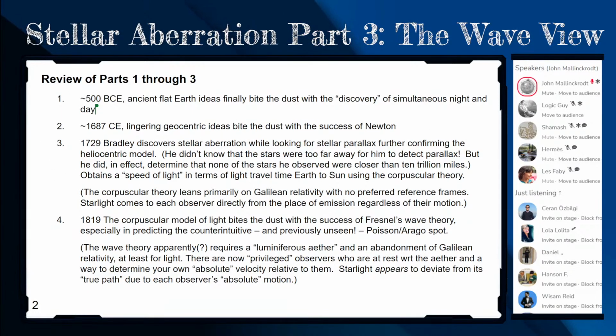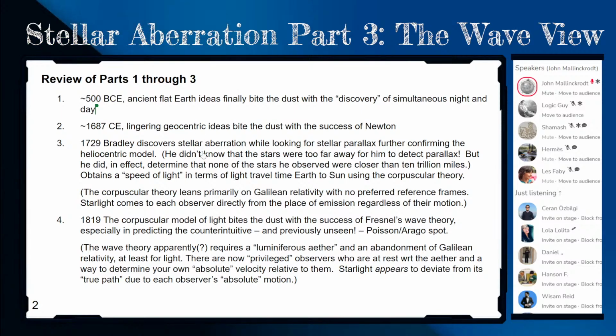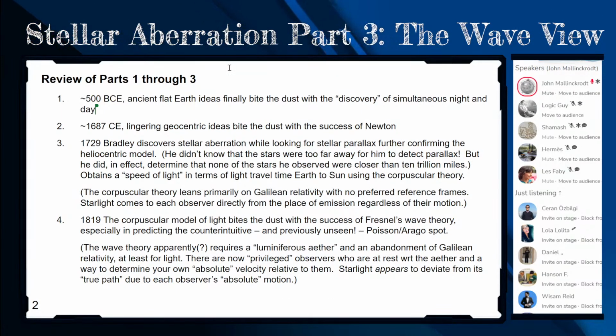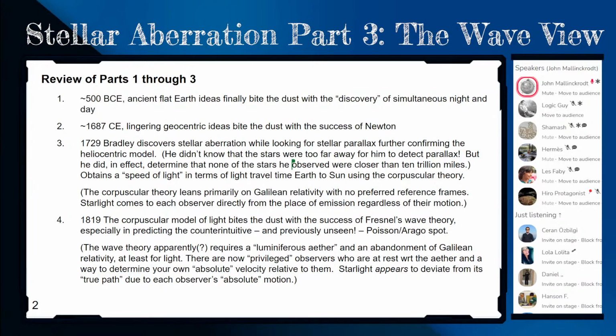Starlight simply comes straight to each observer directly from the place of emission. So in Newtonian, aka Galilean relativity, there are no preferred reference frames. Every observer has the perfect right to think of themselves at rest, and light in that model simply comes directly to you from the place that that light was emitted. That's all you need to know about it.